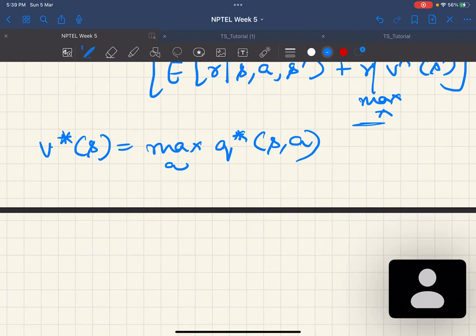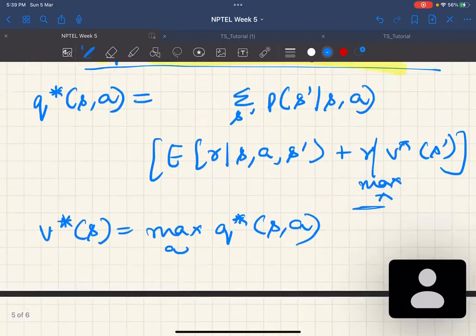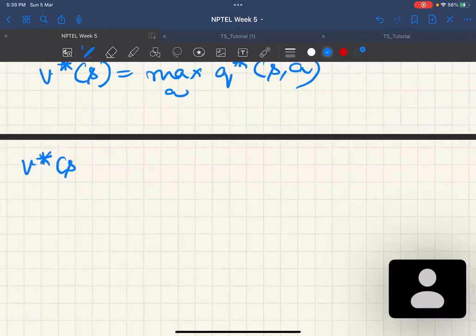In Q star, what is here? Or I'll expand this and then I'll tell you. Wait a second. Here I'm talking about it will behave optimally from the current state, and in Q it will behave optimally after taking a first action.